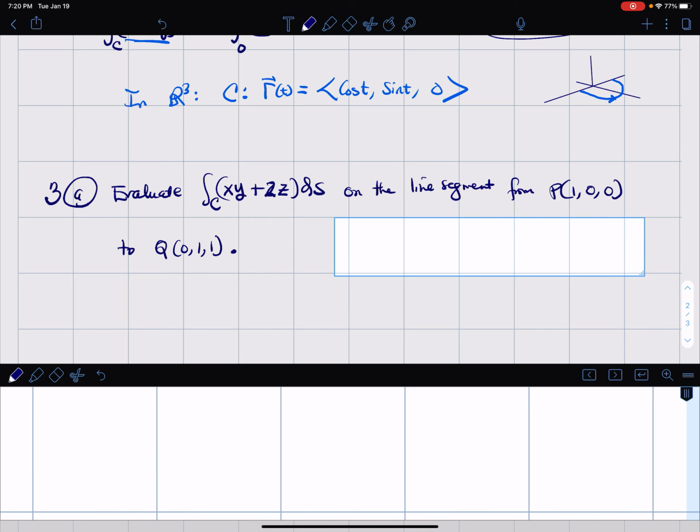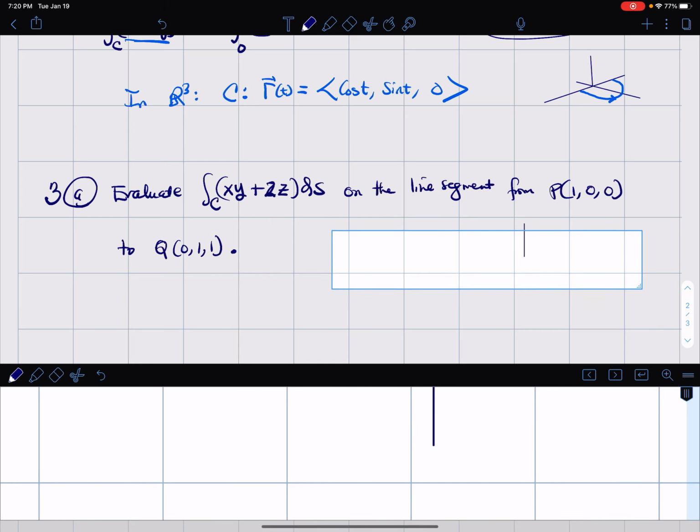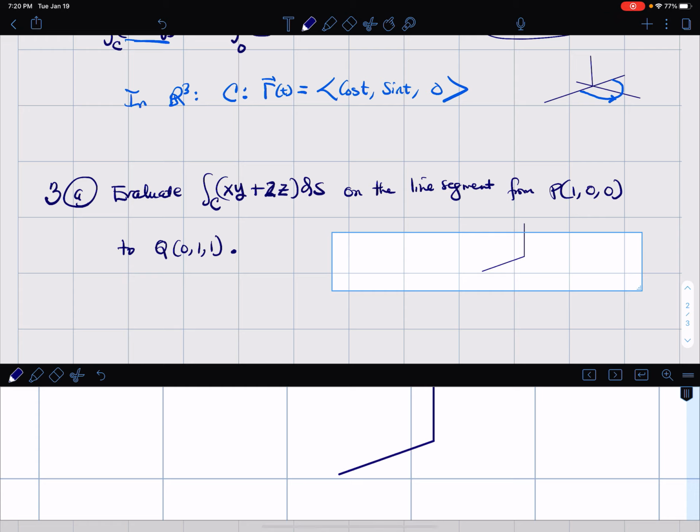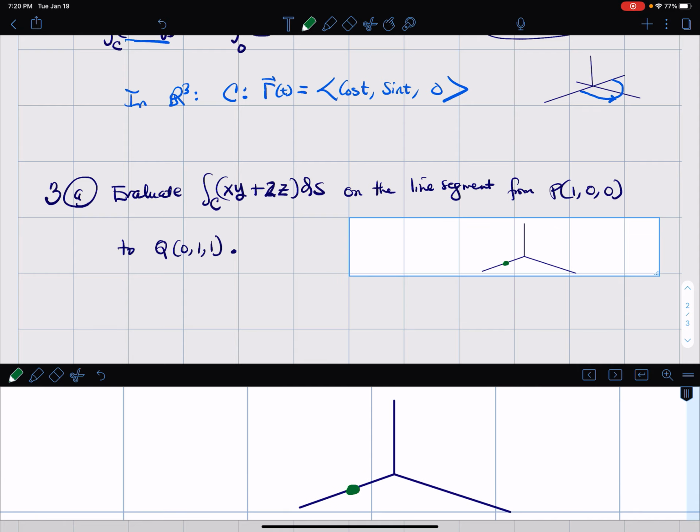First of all, what you want to do is parameterize the line. So remember how to find the equation of a line segment in 3D. This line segment starts from the point 1, 0, 0 to 0, 1, 1, somewhere here.